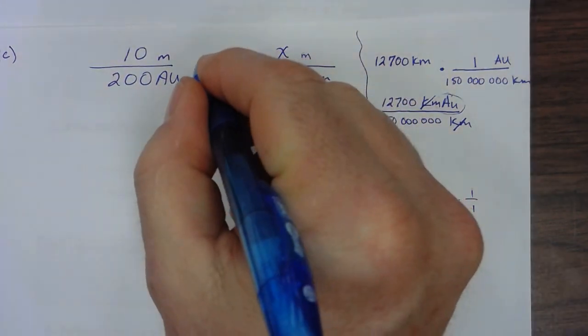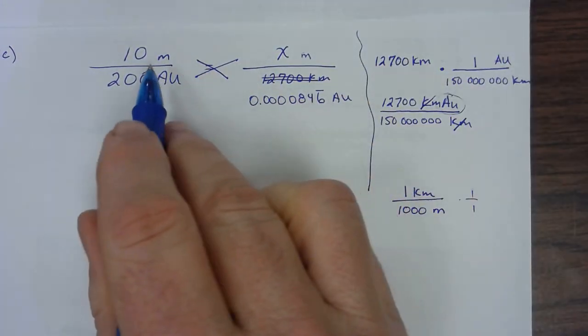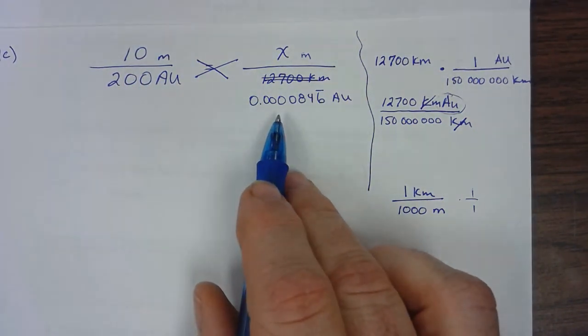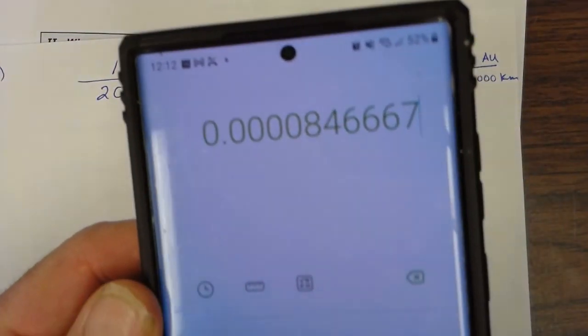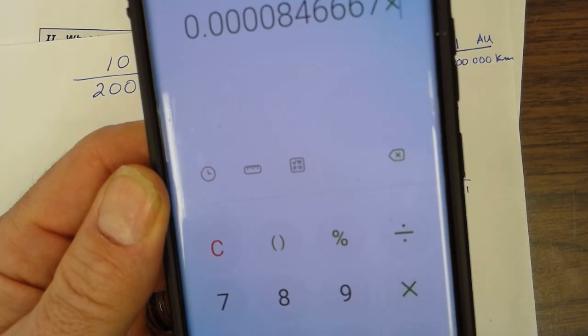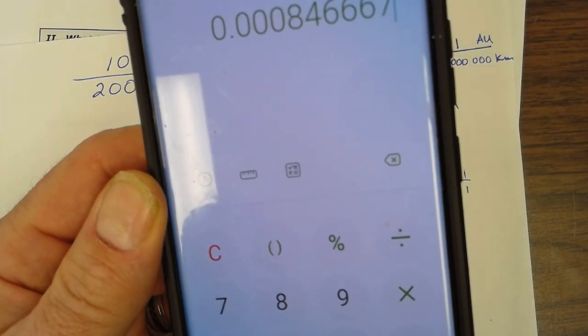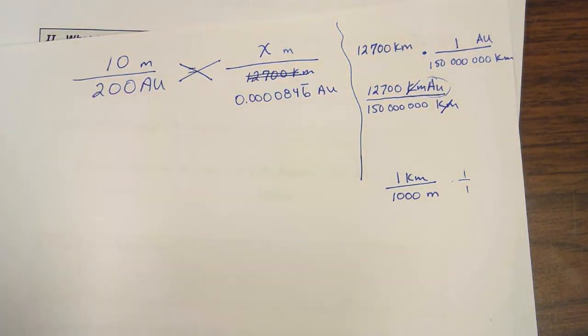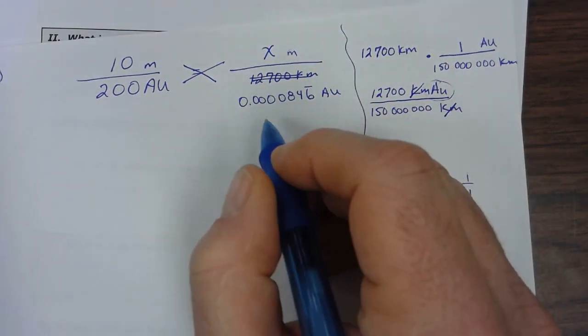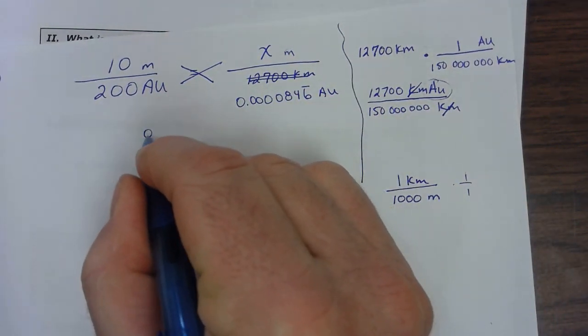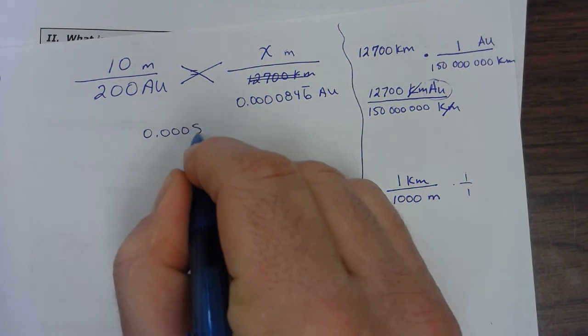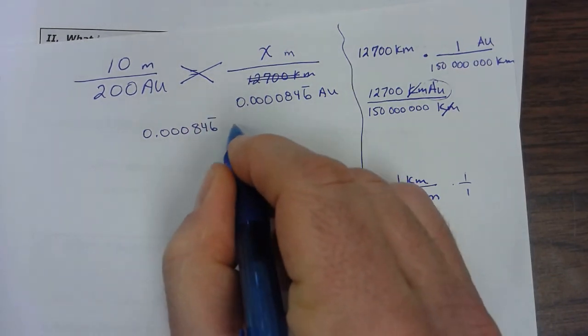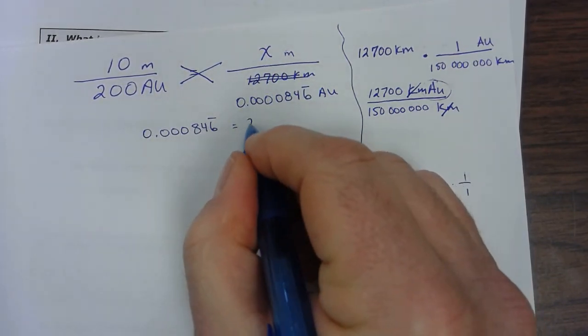So now I do a cross multiplication. So here I've got 10 times this really small number. So let me do that. I'll go times 10 equals, well, slightly less small number, right? Move the decimal place over once. So I've got 0.000846 repeating equals 200x.